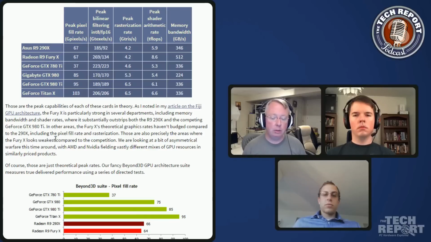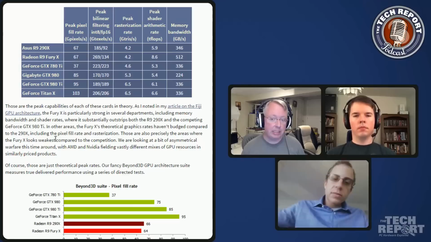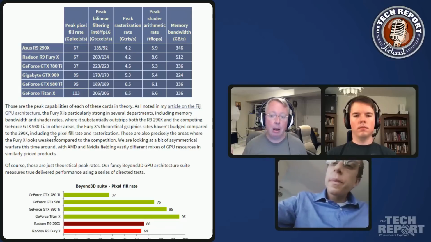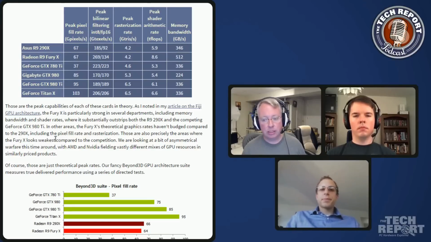Compared to the 290X, the Hawaii chip, the Fury X has no more render backends or ROPs. That's the same thing, different terminology at different companies. So it has the same peak pixel fill rate, the same basic multi-sampling, anti-aliasing blending capability, the same Z and stencil for shadowing and things like that. So essentially, there's not been an increase in terms of those resources.